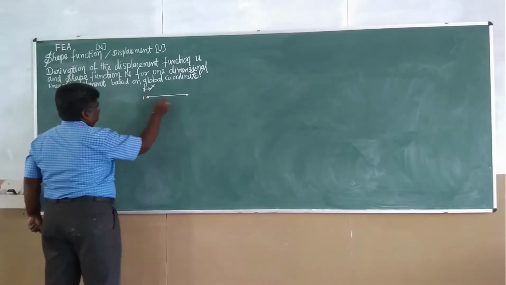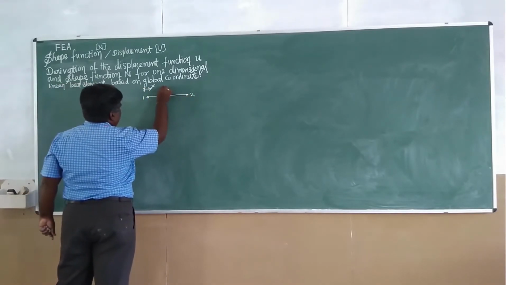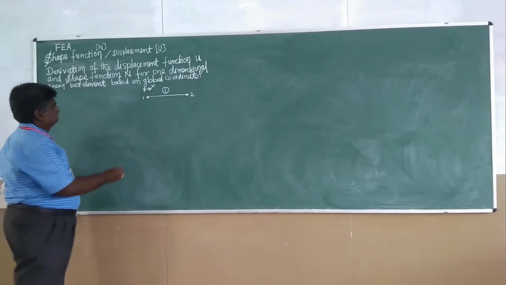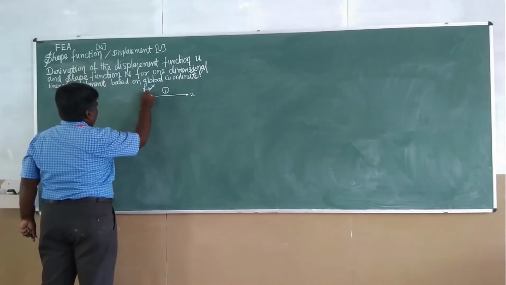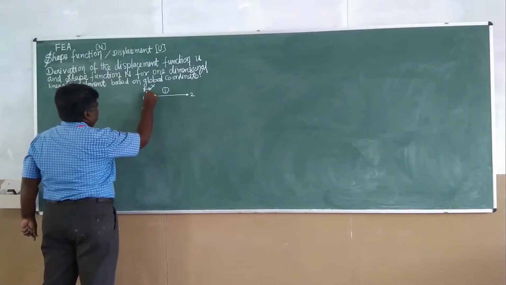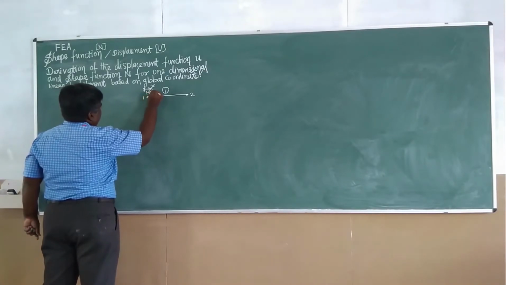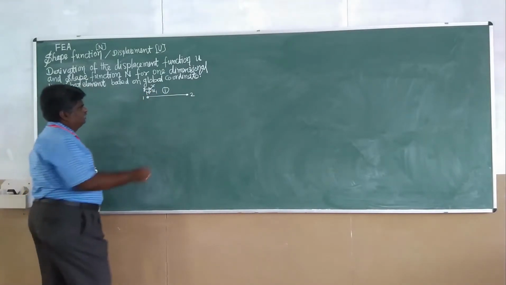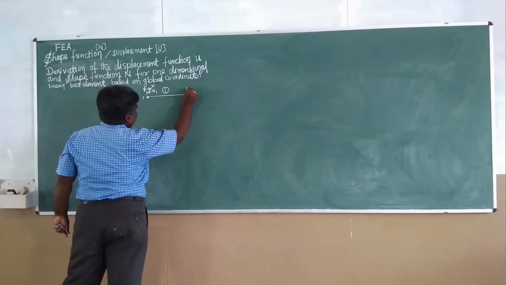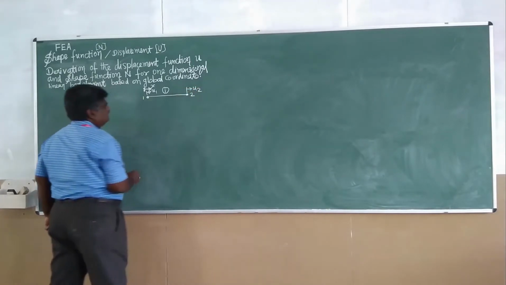Nodal points 1 and 2, element 1. The displacement at nodal point 1 is u1, and at nodal point 2 it is u2.